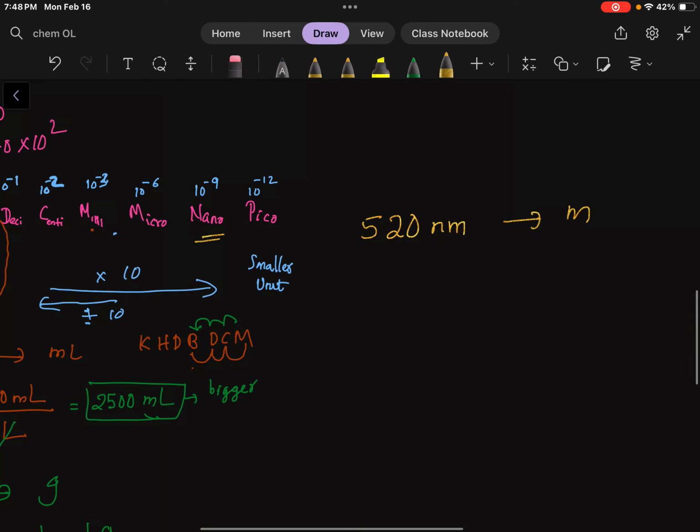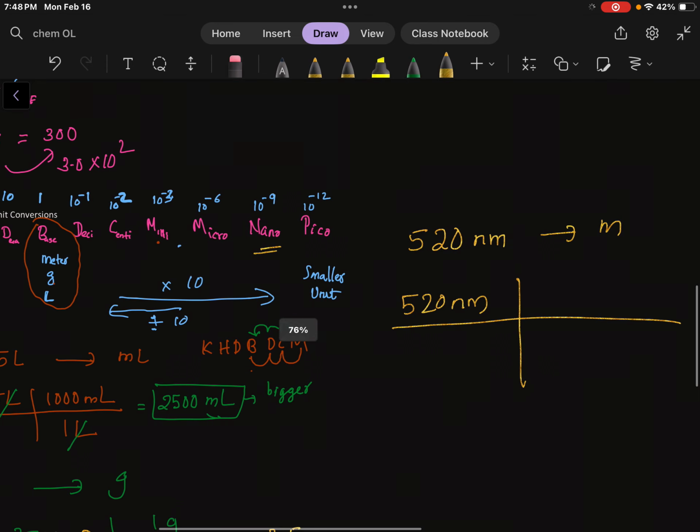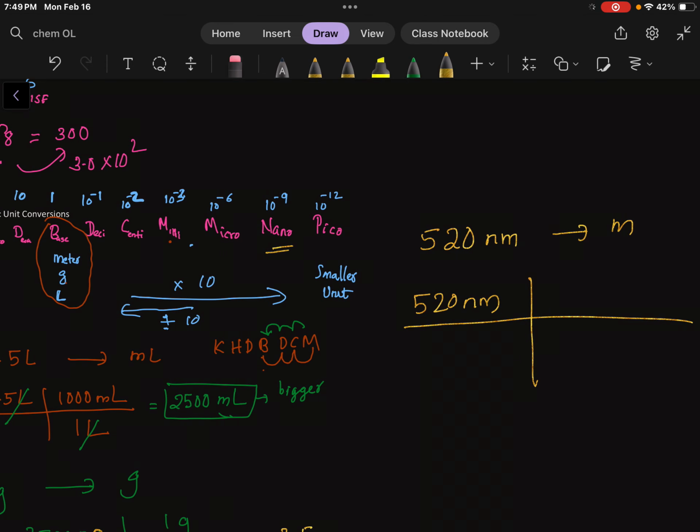Okay, so we need to have a conversion factor, right? You can write in negative or you can write in positive, that's up to you. So I'm going to see this is a nanometer. It is 10 to the power of negative 9 and the meter is here.